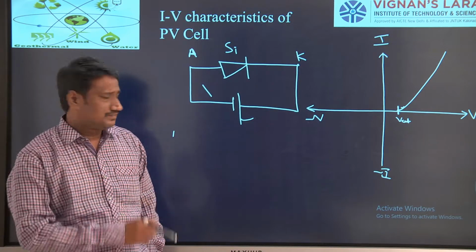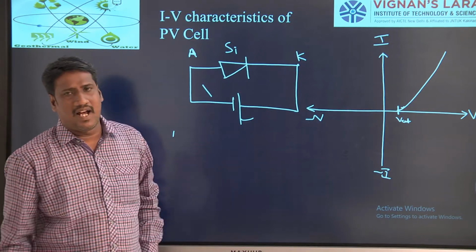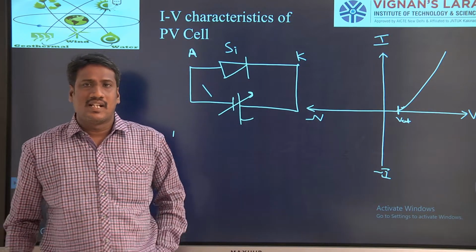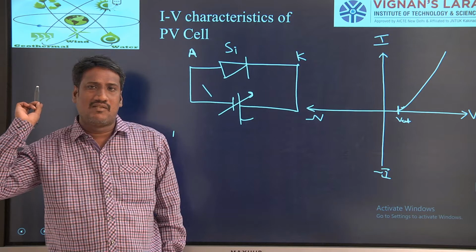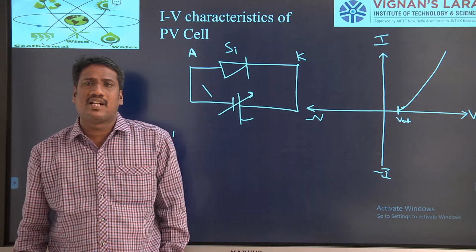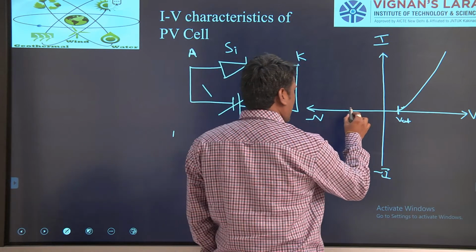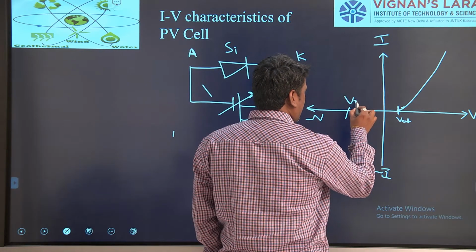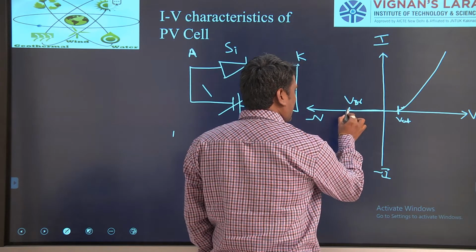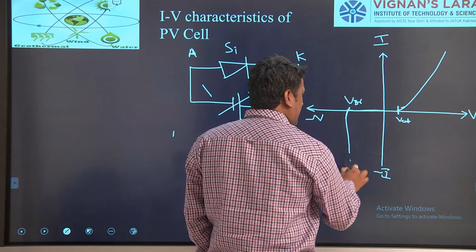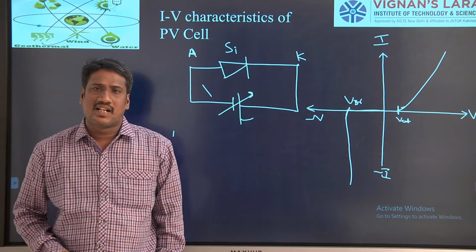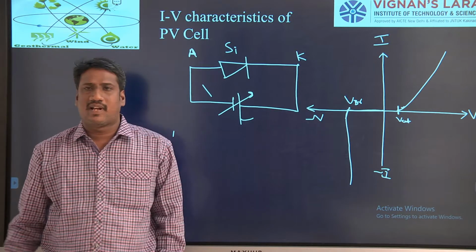Once it is reverse biased, if you keep on increasing the voltage, at some voltage there is a steep rise in the current. That voltage is called the breakdown voltage, which I am representing with VBR. Up to here the diode doesn't conduct, and from this point there is a steep rise in the current, as shown in the figure in the reverse biased case.